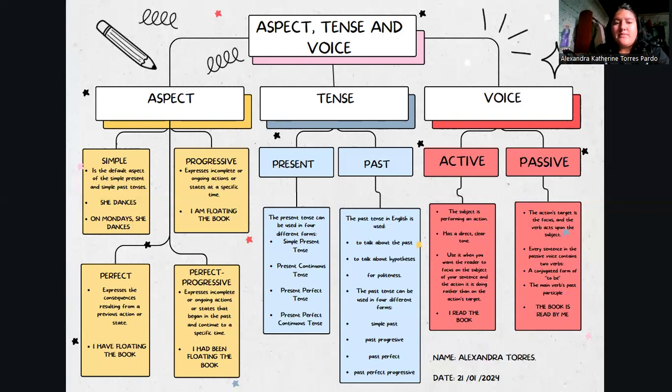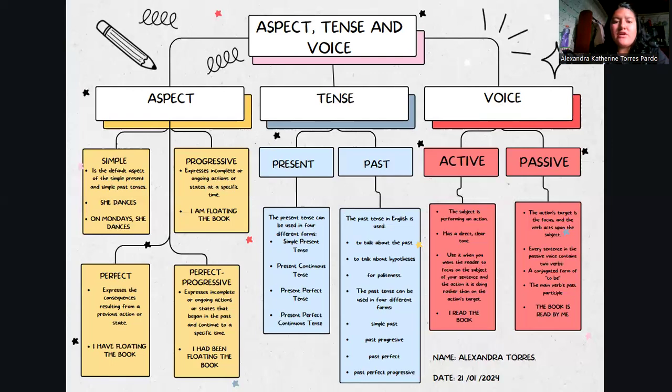And voice. Voice, whether active or passive, determines the relationship between the subject and the action in a sentence. Understanding voice is essential for conveying information accurately and clearly.